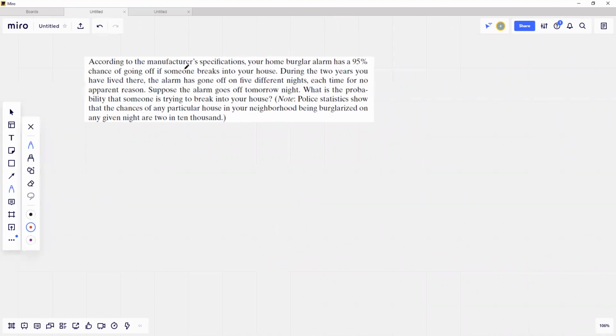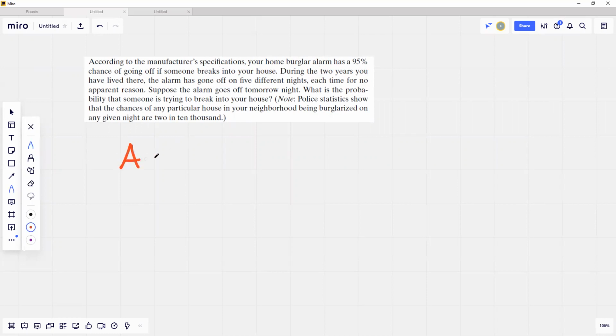All right, so according to the manufacturer specifications, your home burglar alarm has a 95% chance of going off if someone breaks into your house. Let's define the following events.